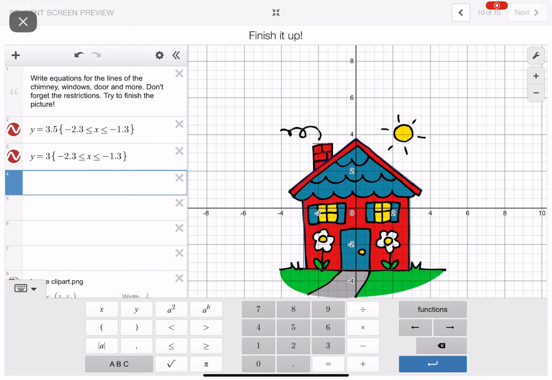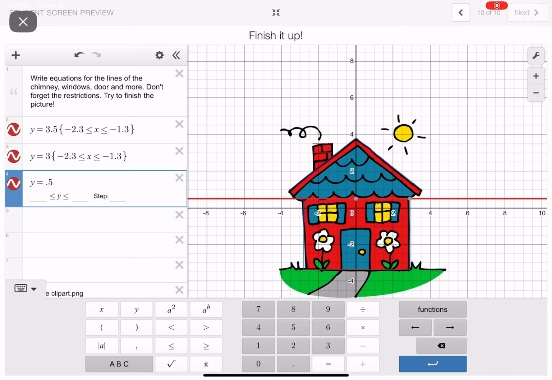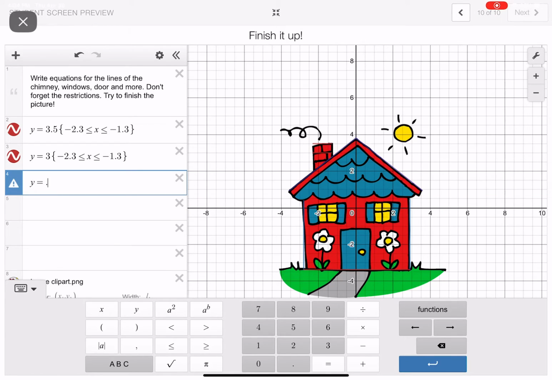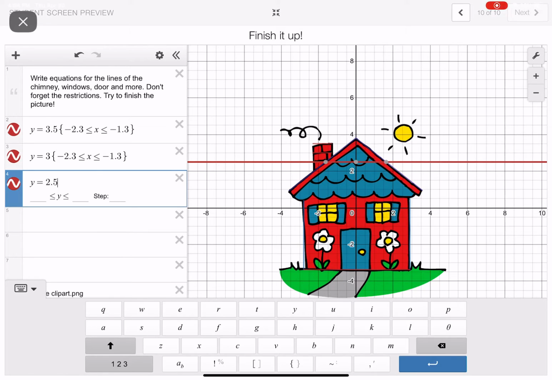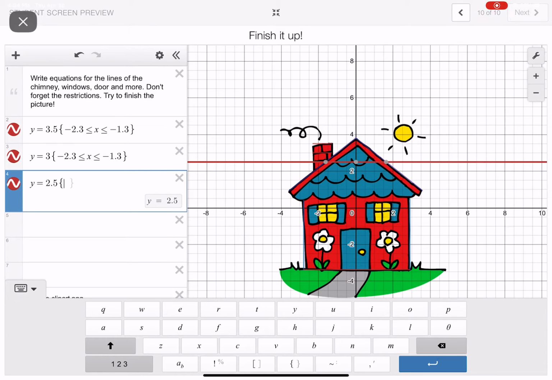If I move down on the chimney, and I think I'm just going to end up graphing the whole chimney here, this would be about y equals 2.5. It's pretty close. I still need to restrict it. The chimney does not go forever, so I'm going to have curly brackets.